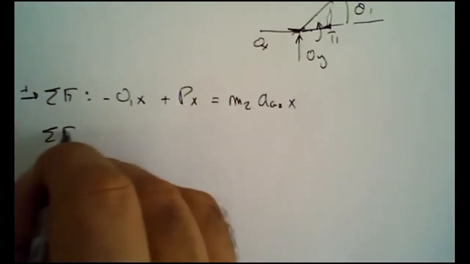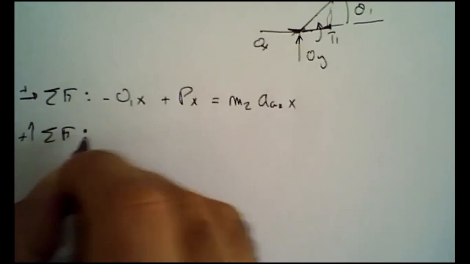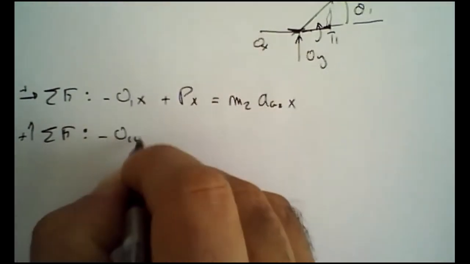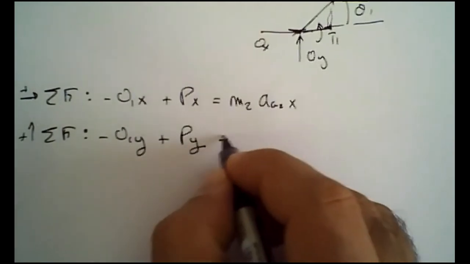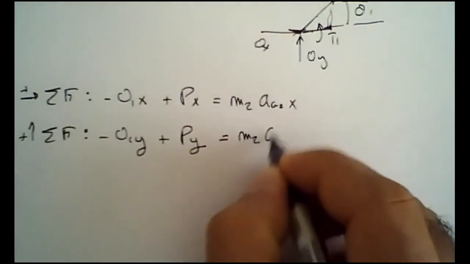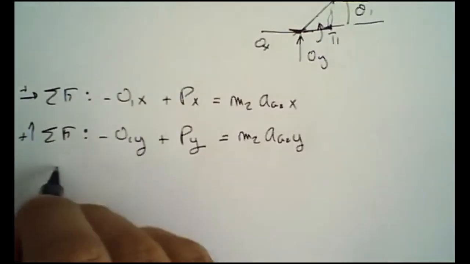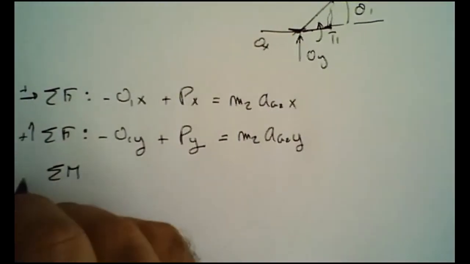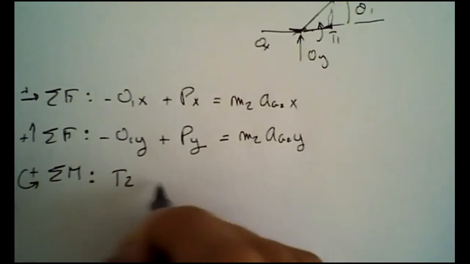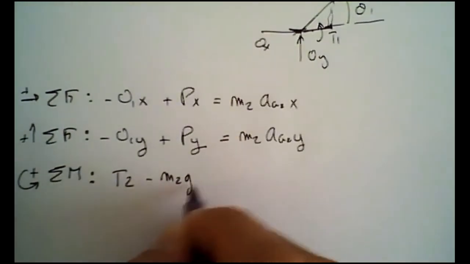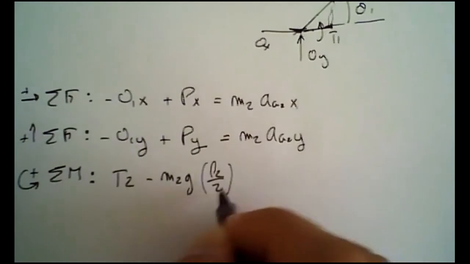Then sum the forces in the y direction: minus O1y plus Py equal to M2 AG2y. And then finally we're going to sum the moments in this direction.